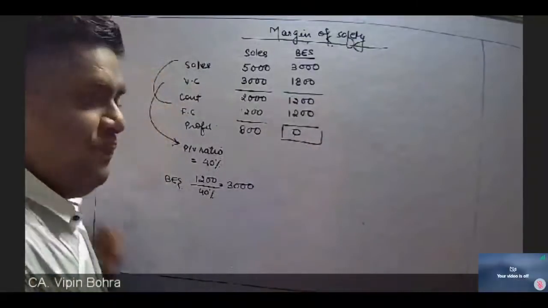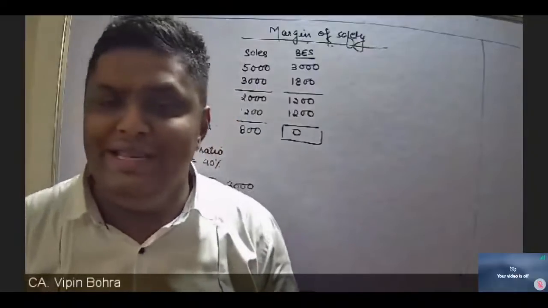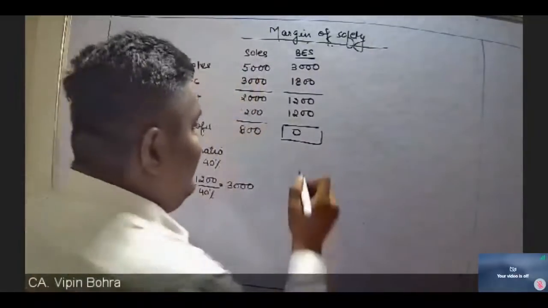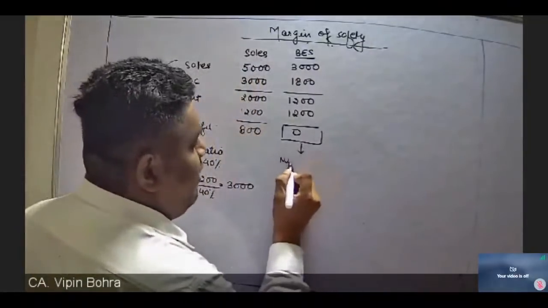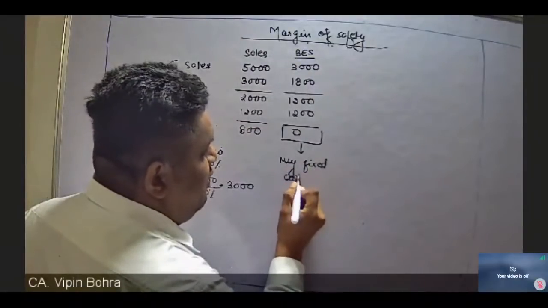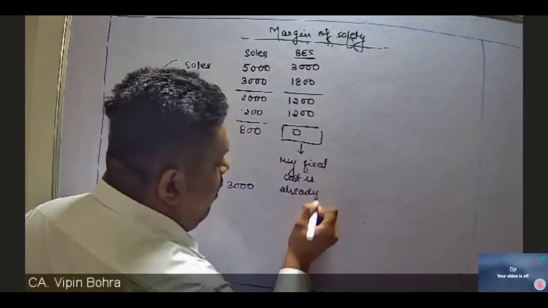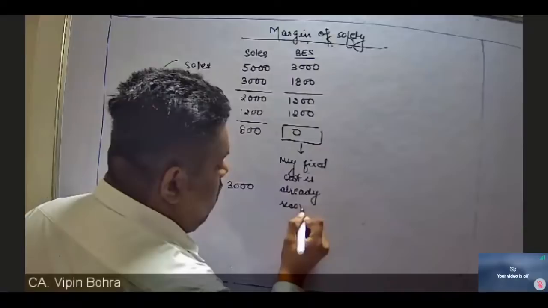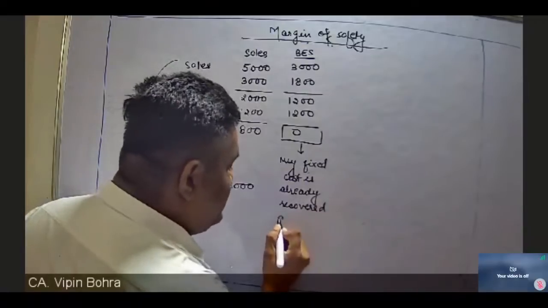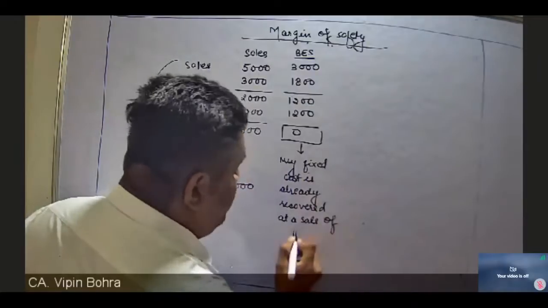Now, in this break-even sales, I have already recovered my fixed cost, at a sale of rupees 3,000.